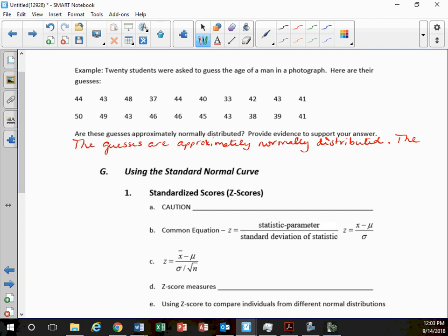And our reason is the "normal probability plot," and I'm going to put that in quotes. That's what we just graphed. It shows a fairly straight line.